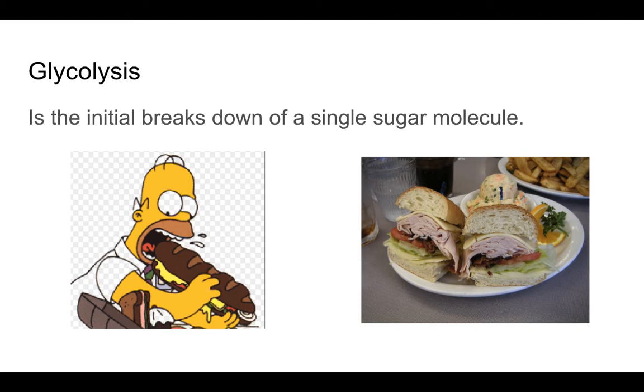So our first step, glycolysis. Pay attention to the word, break it down: lysis, L-Y-S-I-S, is really the breaking down of something. And glyco, being glucose, or glycogen, is really just sugar. And so our initial step is breaking down the sugar.